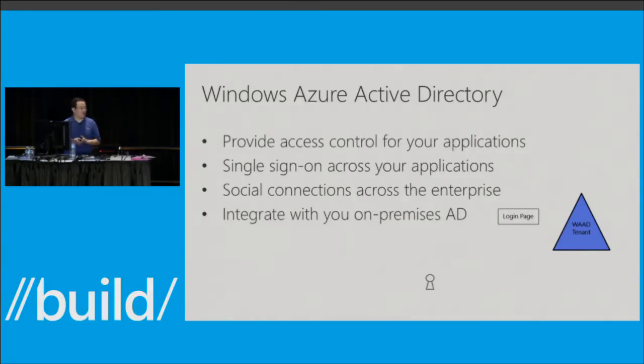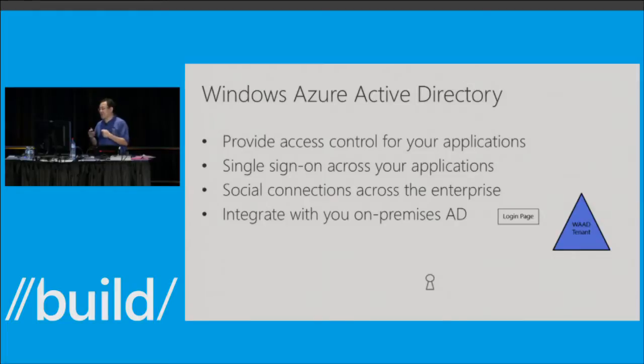So if your application uses the same mechanism, you can potentially provide a single sign-on experience to a huge user base of tens of millions. It also provides a Graph API, which is roughly equivalent to the LDAP queries you can do on a local Active Directory.